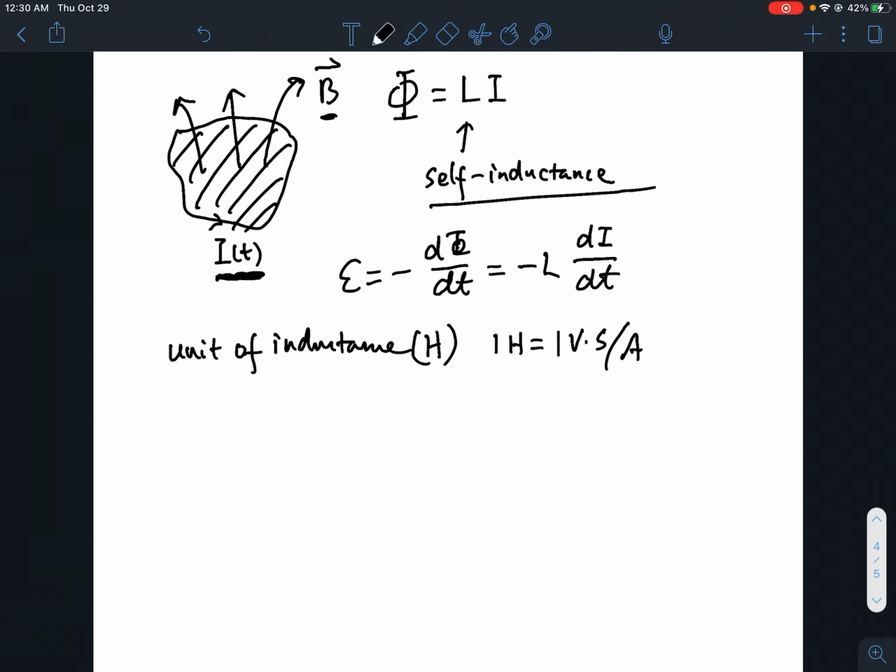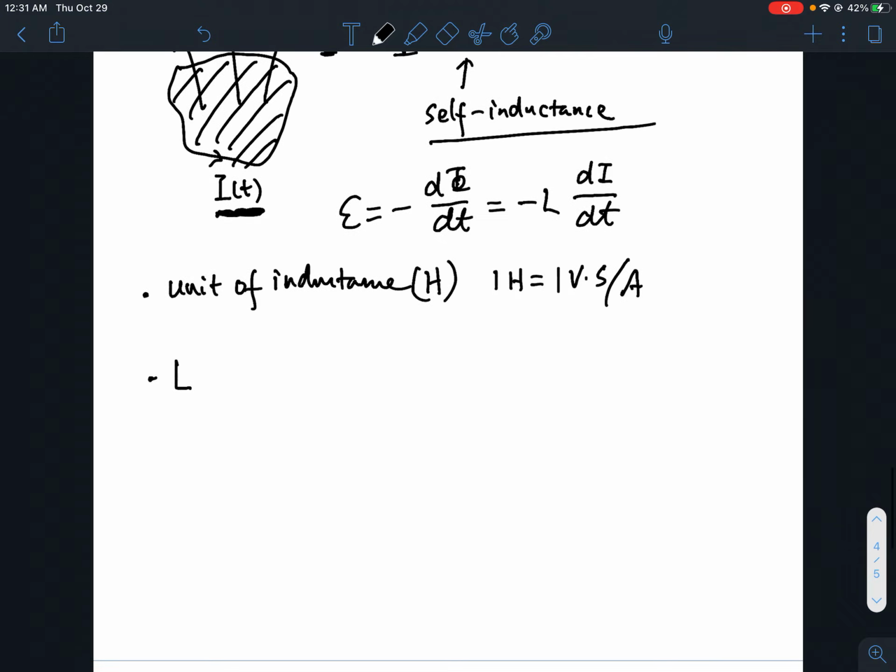So that is how the unit of inductance is defined, the Henry. Also, this self-inductance and this mutual inductance are always positive numbers. This is just the way we define things.